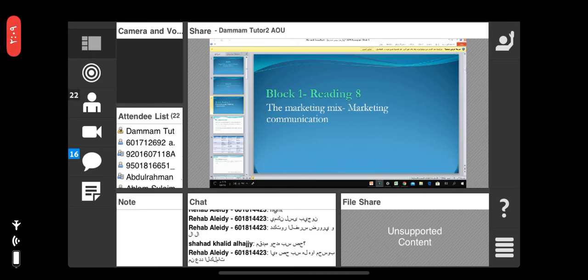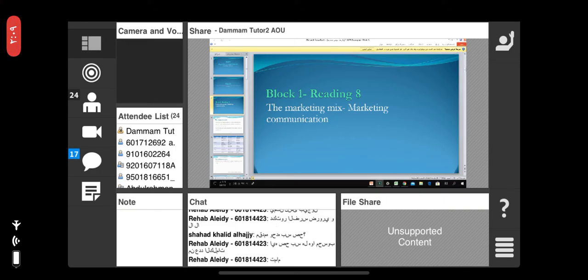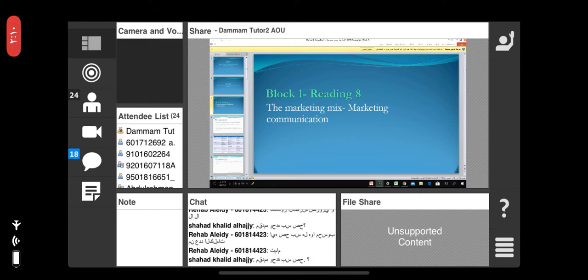ما هو محسوب من عدد الكلمات، بس انه ايش ضروري.